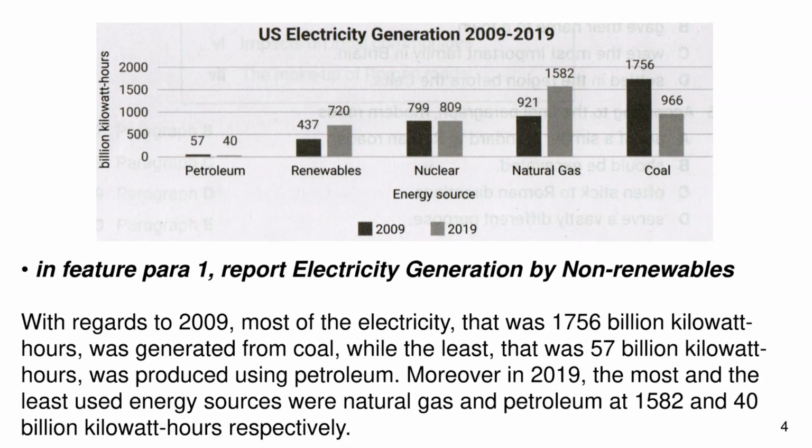Moreover, in 2019, the most and the least used energy sources were natural gas and petroleum at 1582 and 40 billion kilowatt hours respectively.